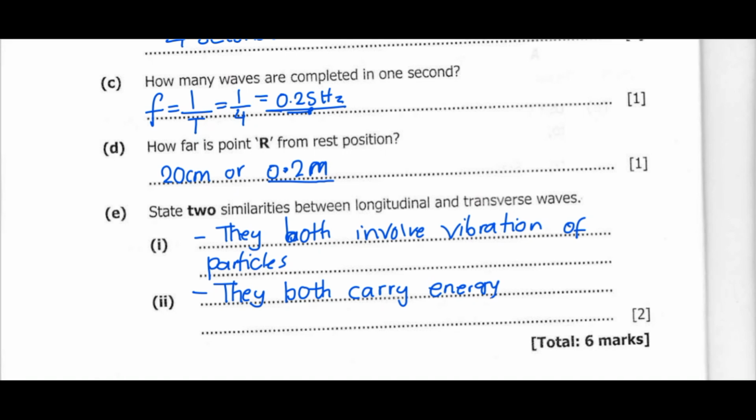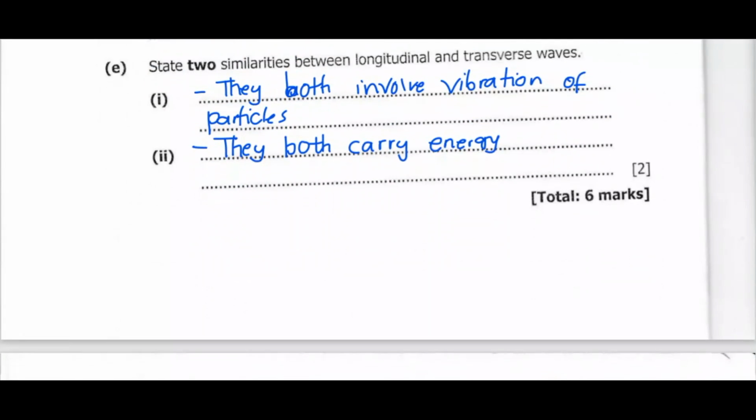So as longitudinal and transverse waves are moving from one position to another, they both carry energy. Then they both involve vibration of particles. The only difference is how the particles vibrate. Under longitudinal, they vibrate parallel. Then for transverse, they vibrate perpendicular to the direction of the wave.